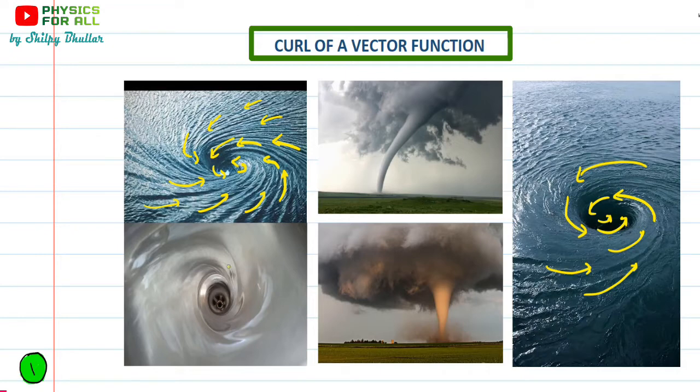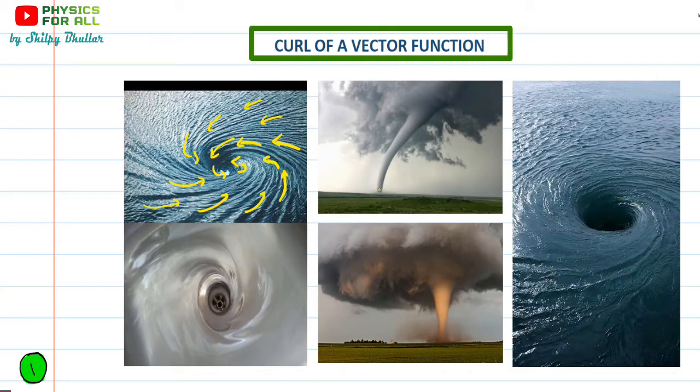Similarly, the water going down through the sink, we would have seen this so many times, but we just never pay attention. This is again an example of curl. When sometimes the water gets blocked, or when there is a huge quantity of water flowing through the sink, then we see that it simply curls, and it just goes through these tiny holes.